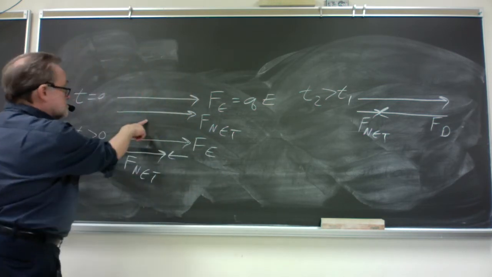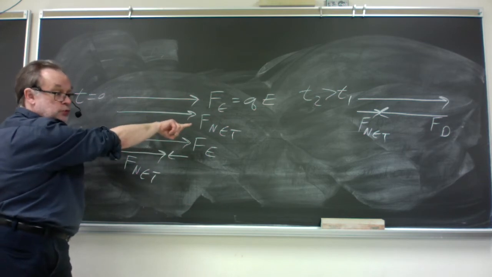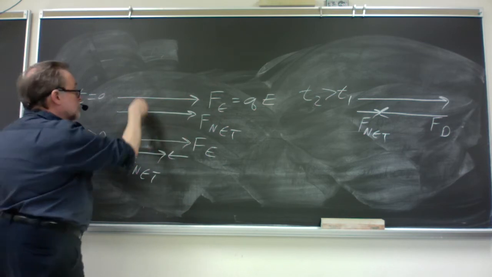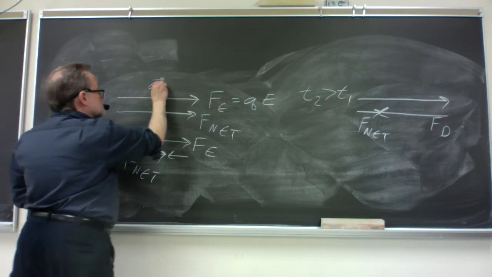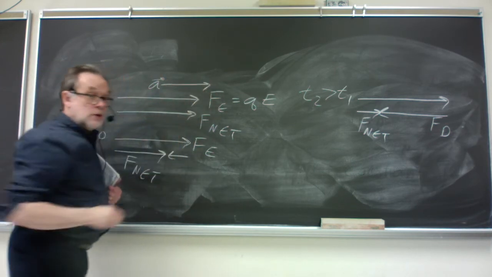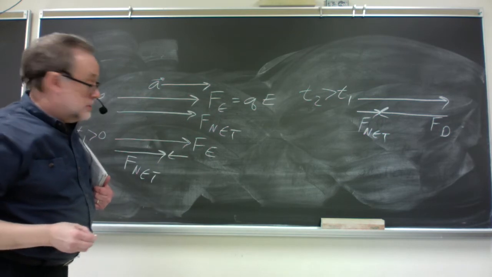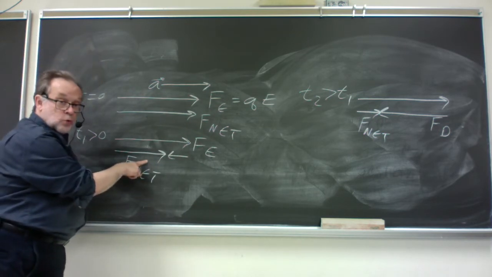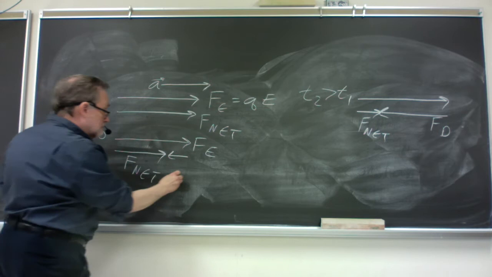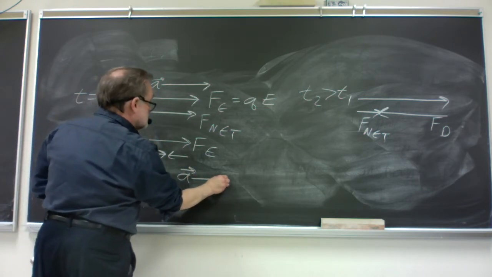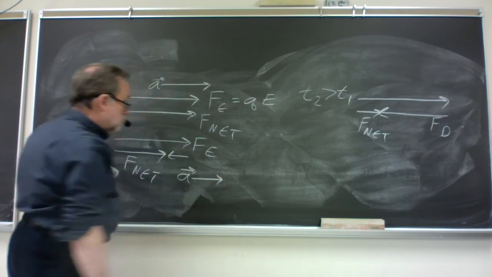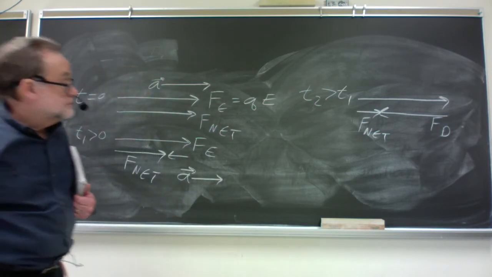So here at time 1, there's a lot of forward net force, so there's a lot of forward acceleration. Now there's less forward net force, so there's less forward acceleration.